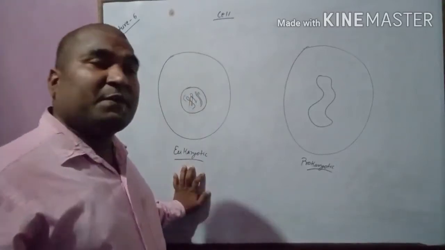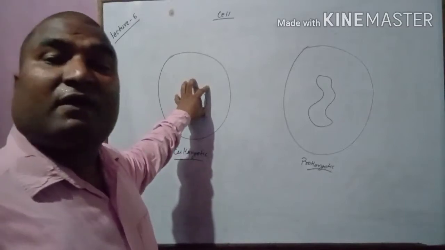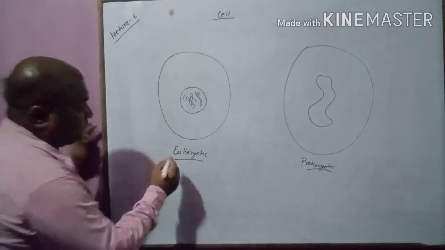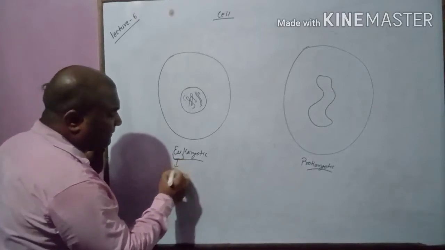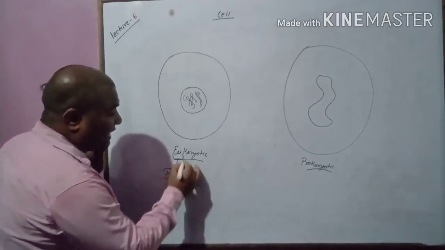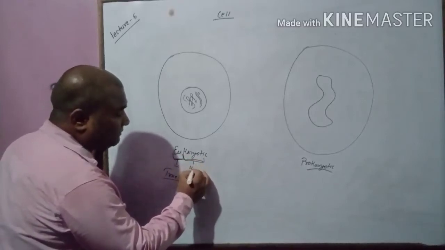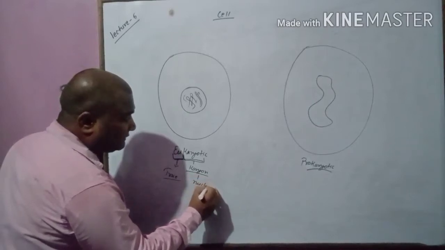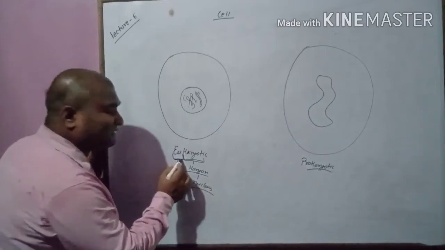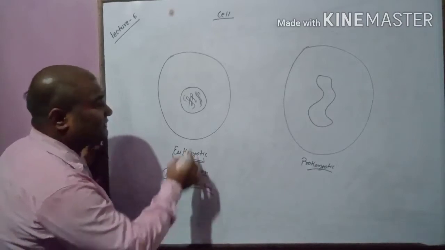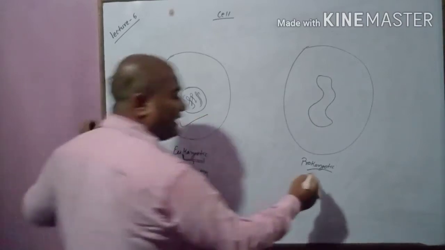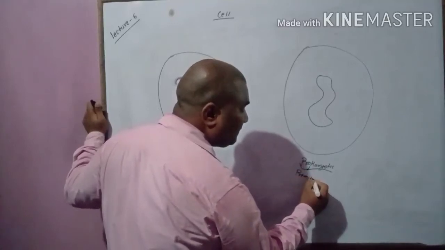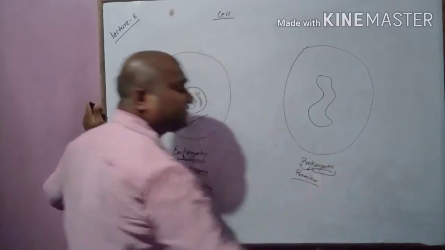So eukaryotic cells have a well organized nucleus, meaning a true nucleus. The word eu in Greek means true, and the word karyotic is made from karyon. Karyon means nucleus. So the cell that has a true nucleus is called a eukaryotic cell, and pro means primitive, and karyon means nucleus.